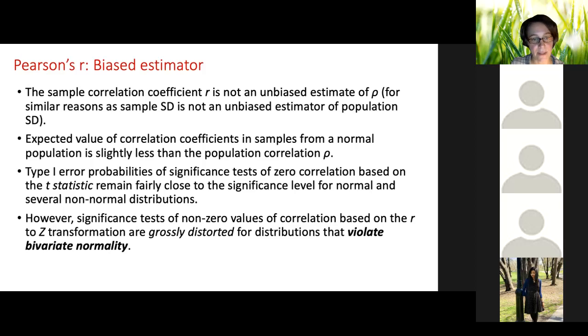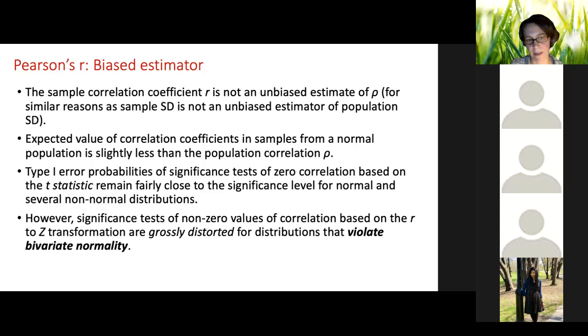The R to Z transformation, however, can lead to really large distortions if our variables are not bivariate normally distributed. If we have deviations from the normality assumption and we use the R to Z transformation and then the standard normal distribution to test for significance, we run into the problem that our conclusions might be invalid.